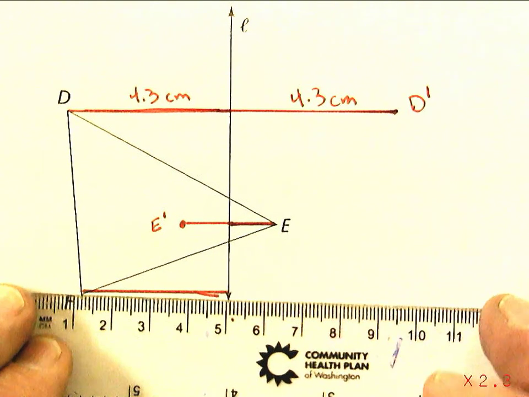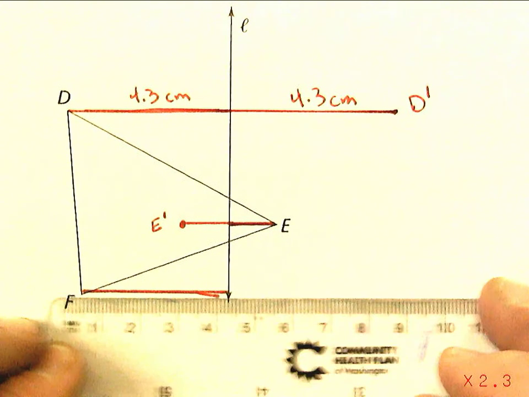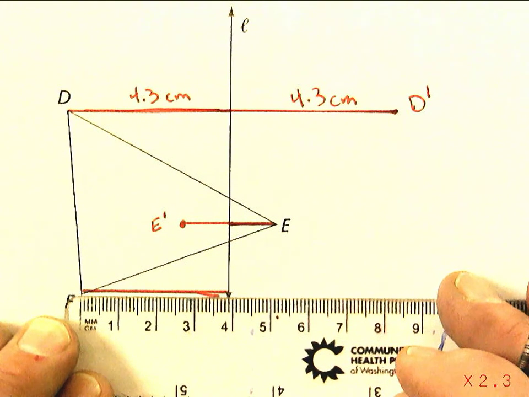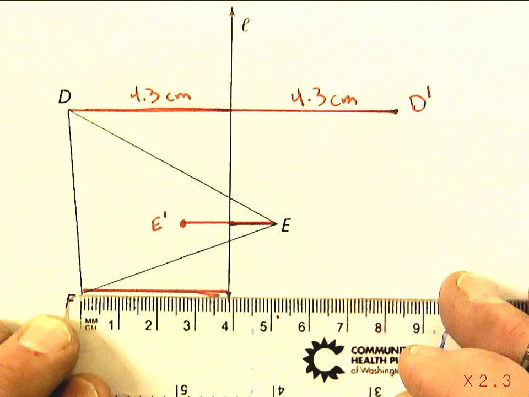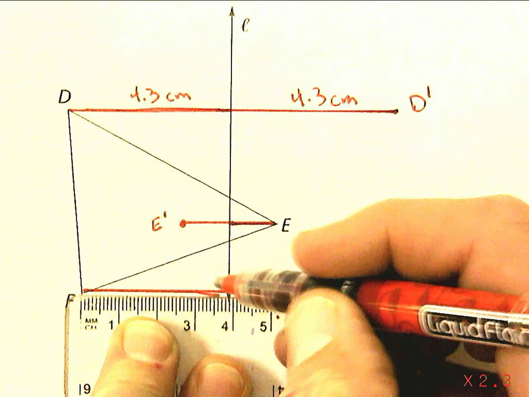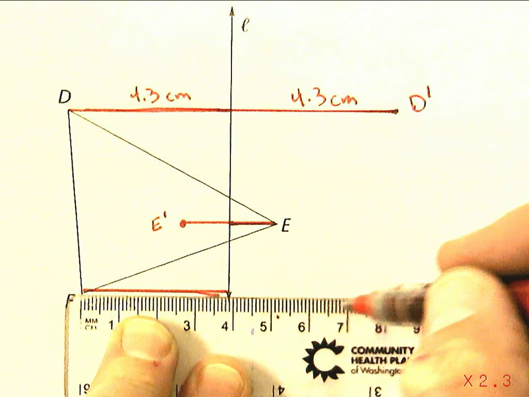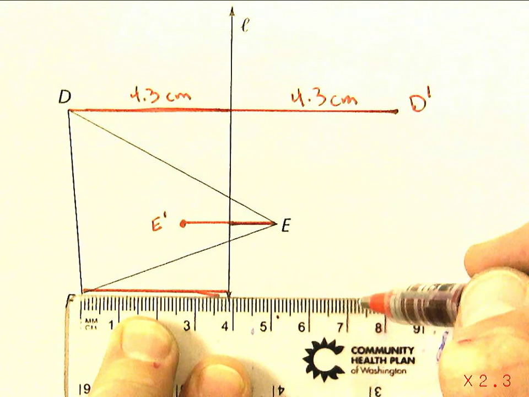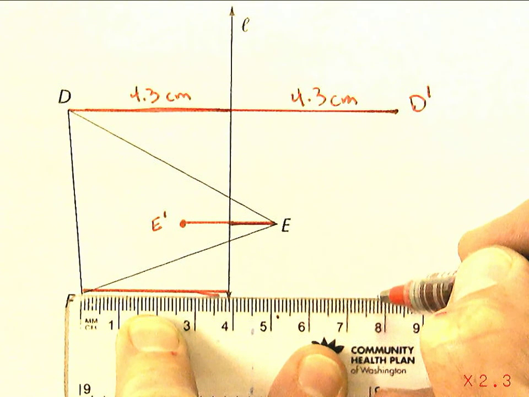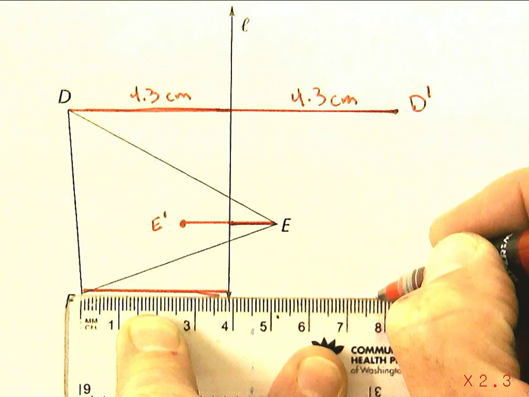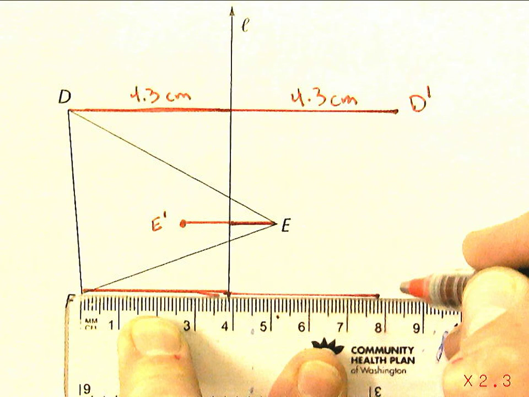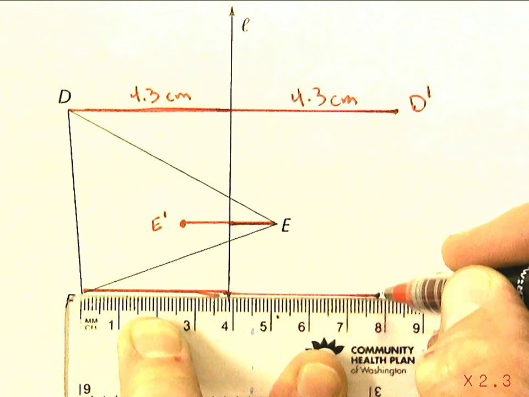And then down to the bottom, find the distance from F to the line of reflection is 3.9 centimeters. So 3.9 and another 3.9 would be 7.8 centimeters. So I go from there, 7.8, back, and that.